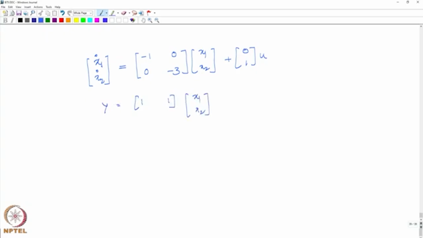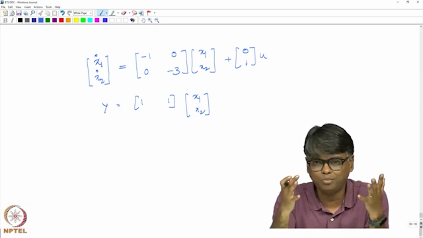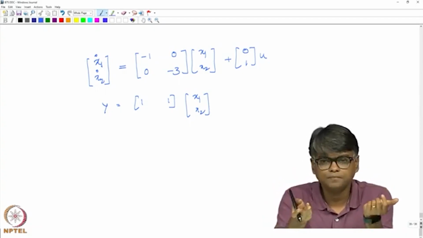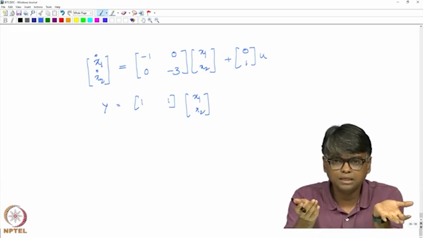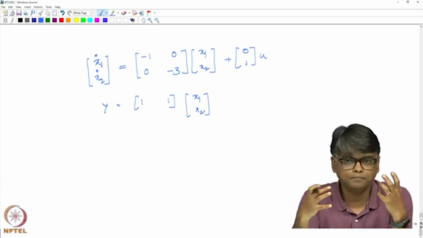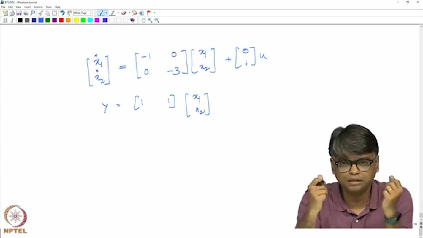You see, in this case the transfer function once again remains the same, although that should not be our concern. We are not bothered about the transfer function at all, but this is another state space representation. This is once again our starting point. Transfer function wise, the two are the same, the first example and the second example.